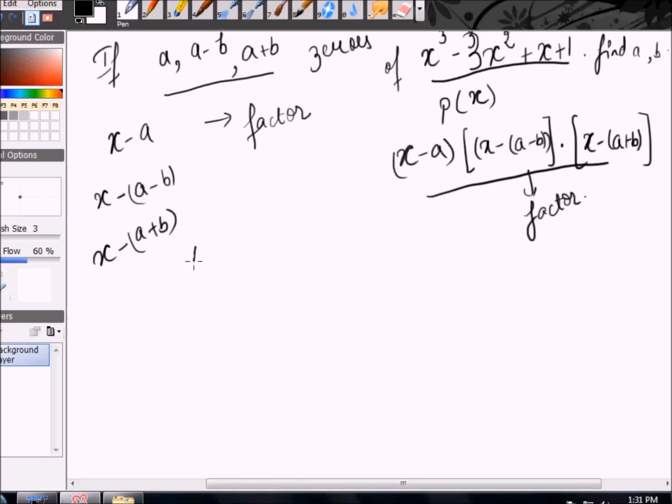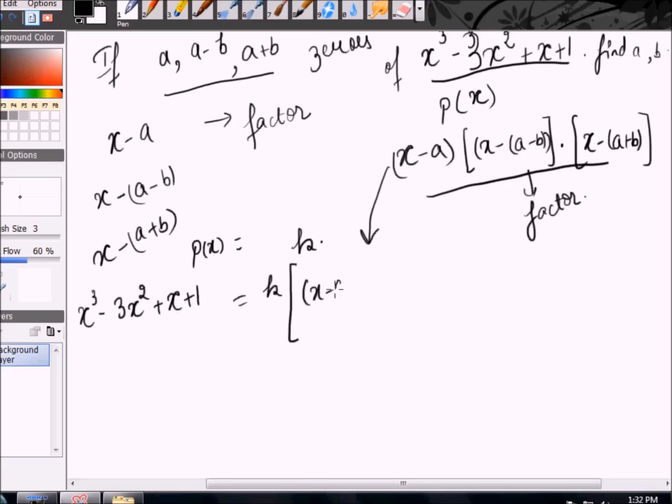Therefore, by factor theorem we can write p(x), that is x cube minus 3x square plus x plus 1, equals k into (x minus a) into this product.